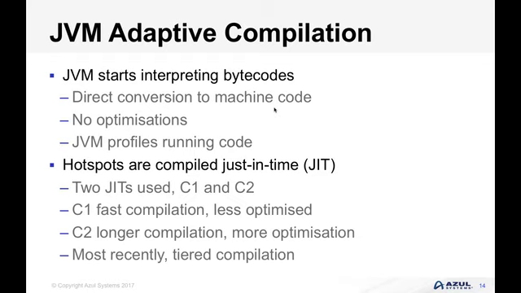So in the past, what we've seen is you select either the C1 compiler or the C2 compiler, depending on whether you're doing a client application or a server application. In more recent versions of the JVM, that's been changed. So there's now what's called tiered compilation, where you start with C1, get to that optimum level of performance quickly, and then run C2 to increase the level of performance over time so you get better performance longer term.